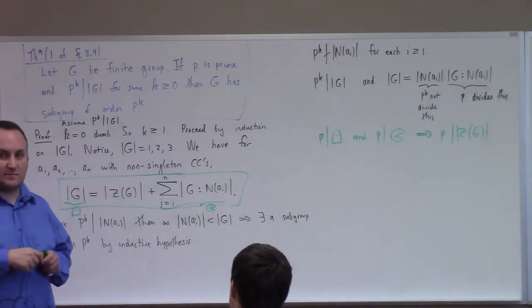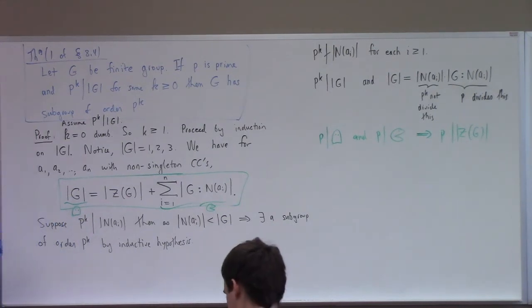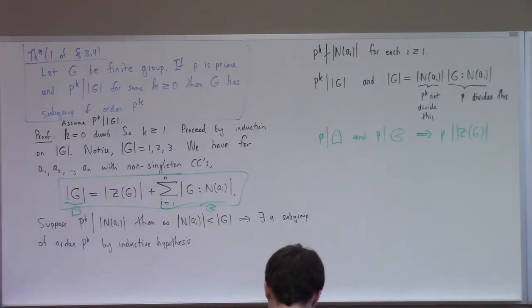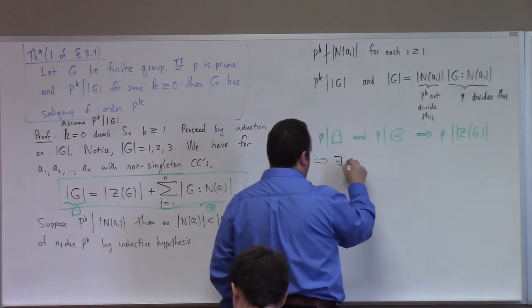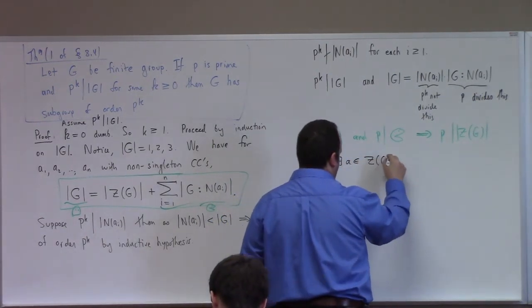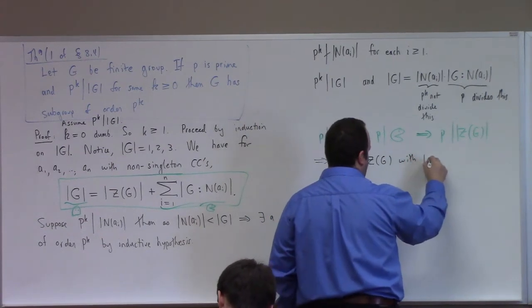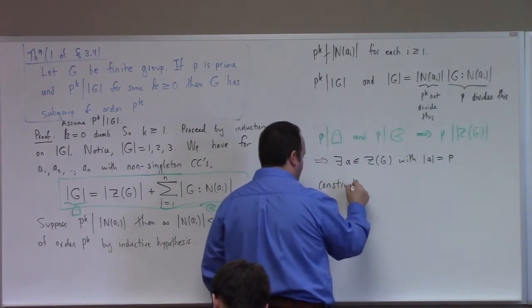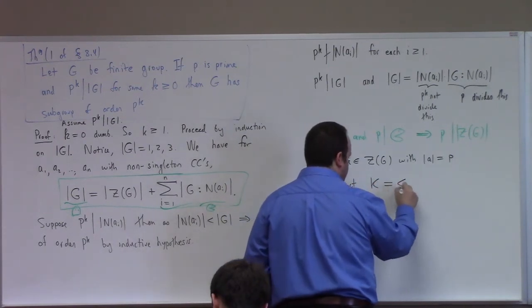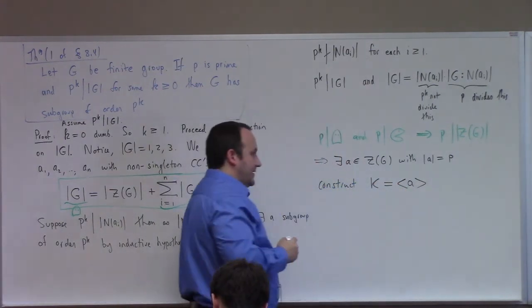So by Cauchy's theorem, what? There has to be an element of order p, right? So that implies that there exists a in Z(G) with the order of a equal to p. So construct what he calls K, the subgroup generated by a.